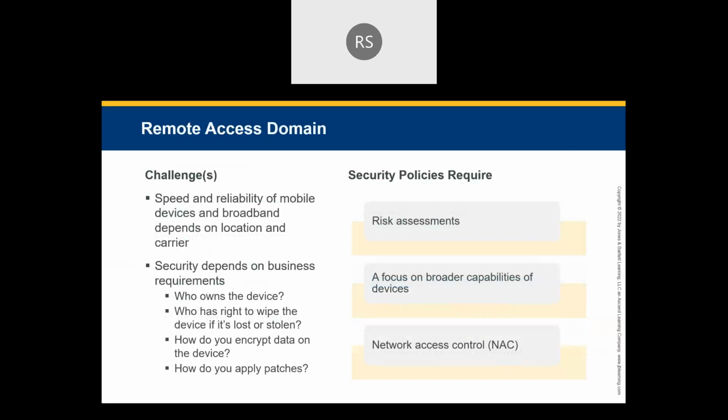So, organizations must consider the security implications of utilizing remote access technologies. To overcome the challenges in the remote access domain, you should implement security policies that address risk assessment, the broader capabilities of the devices, and network access control.